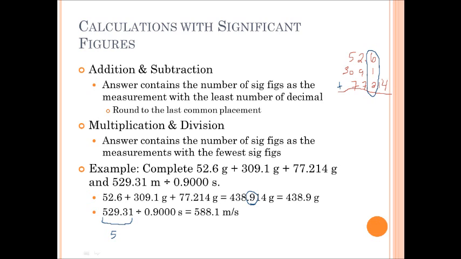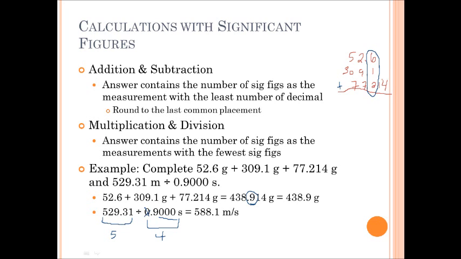So that means we have 5 significant figures. The second one, this first 0 does not count, but all 3 zeros after the 9 do count. So that gives us 4 significant figures for this seconds measurement. So we're going to round to 4 significant figures.